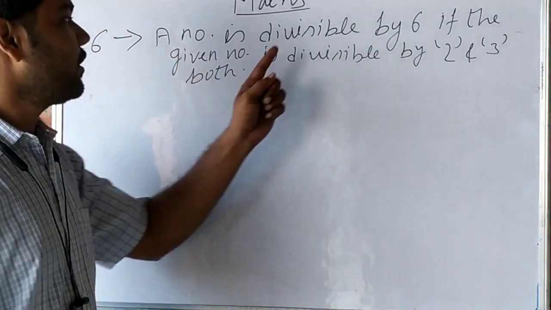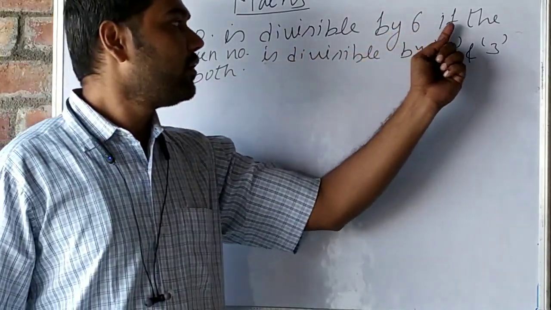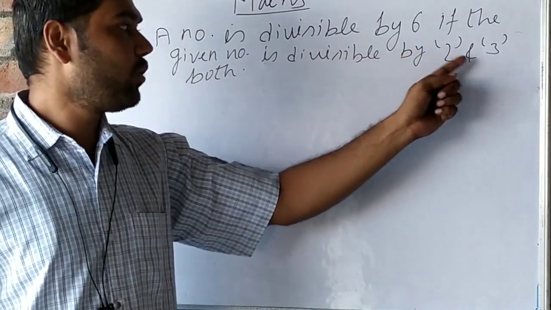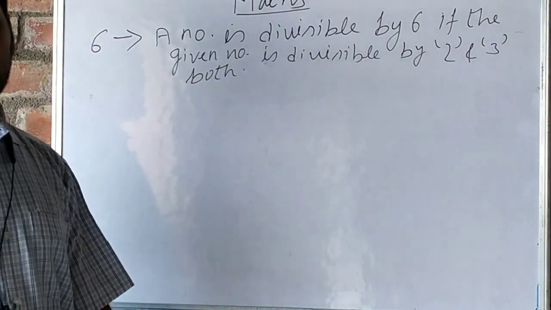Understand? A number is divisible by 6 if the given number is divisible by 2 and 3 both. So this is the condition.